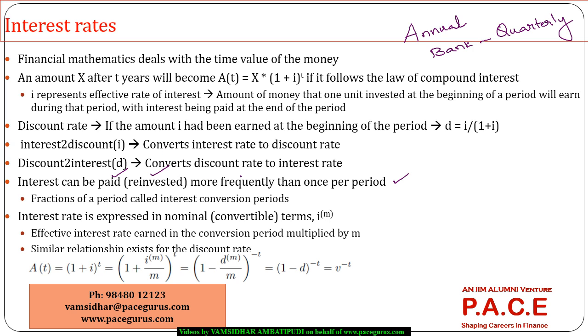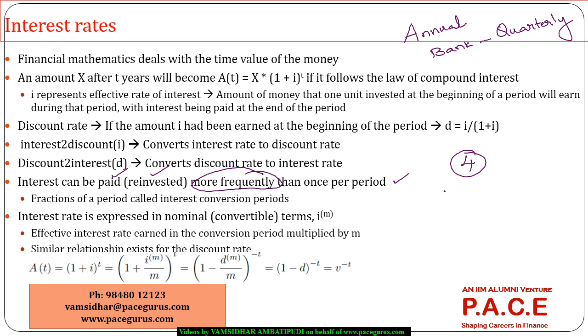Even the reinvestment of the interest is not necessarily on an annual basis; it could be more frequent than once a year. If it is done quarterly, then it is 4 times a year. So that is what we say, the interest is computed or compounded quarterly.